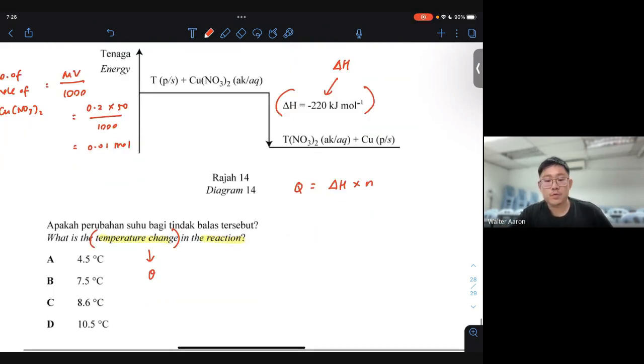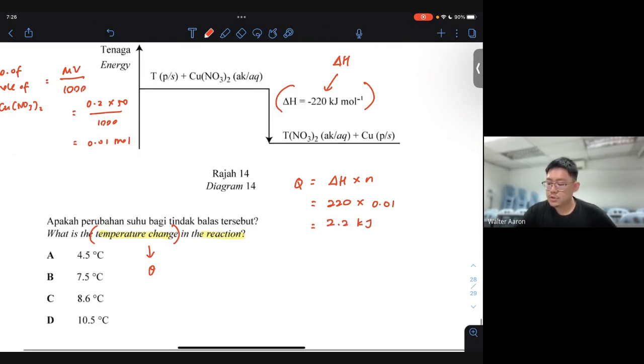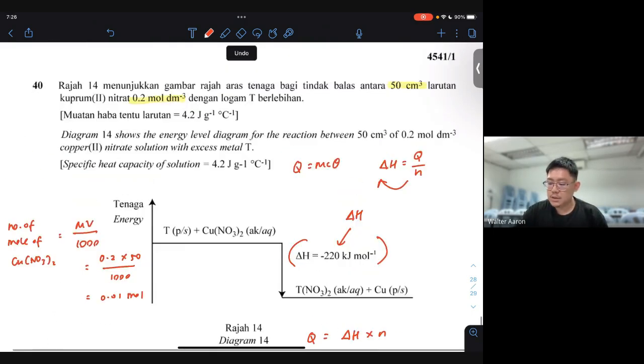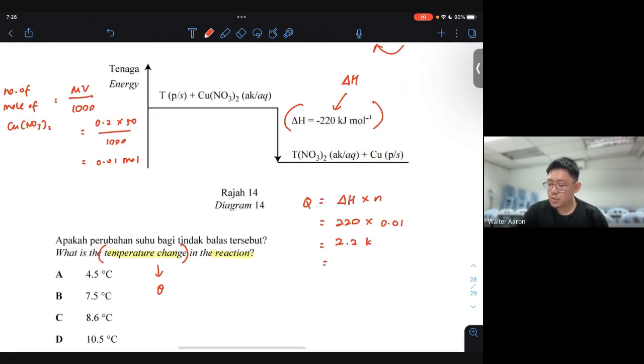So that would be 220 multiplied by 0.01, and that should give you 2.2 kilojoules. Now, before you use Q on the first formula over here, you want to convert it back to joules first. So that will be 2,200 joules, multiplying by 1,000.